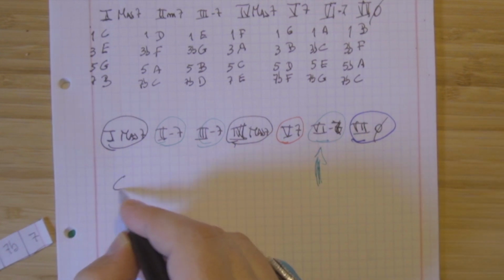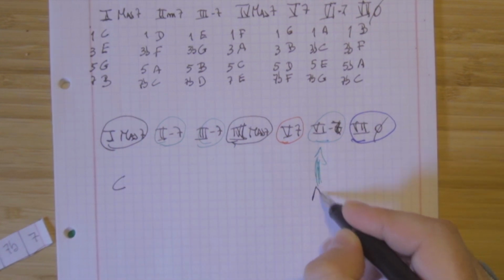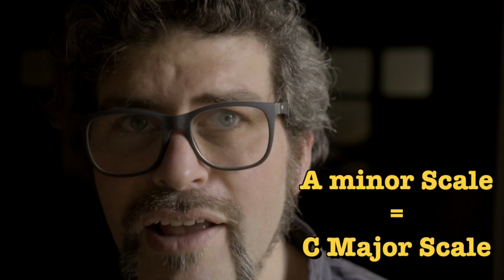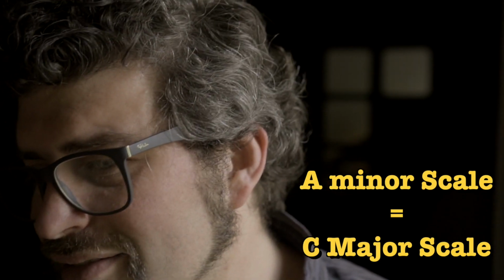So, for example, in C, the 1 is a C, the 6 is an A. So we have the major scale being a C major scale. If we want a relative minor, it's the A minor scale. So the A minor scale is exactly the same as the C major scale, exactly the same notes. So in a piano, only white keys, as opposed to the black keys.